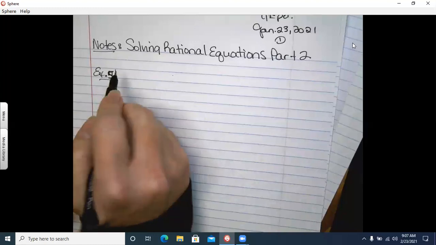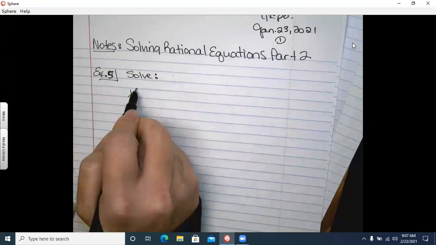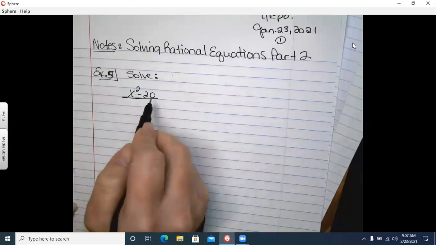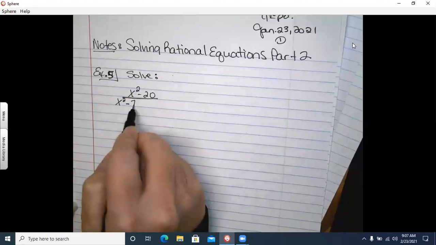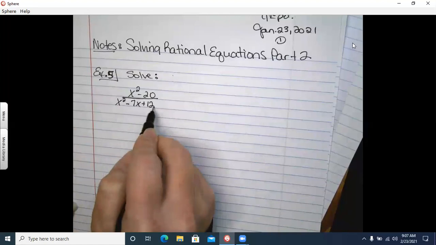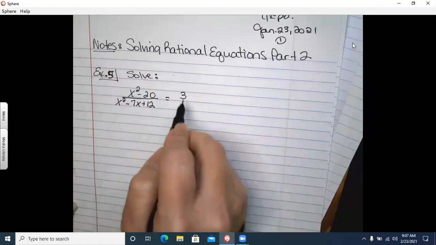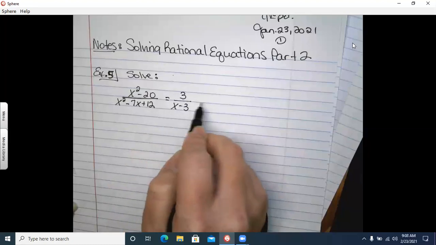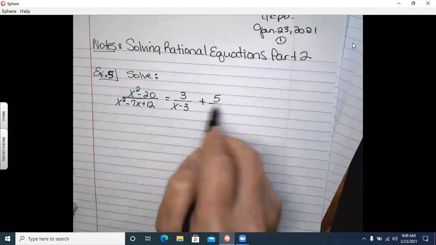We're going to solve x squared minus 20 divided by x squared minus 7x plus 12 equals 3 divided by x minus 3 plus 5 divided by x minus 4.